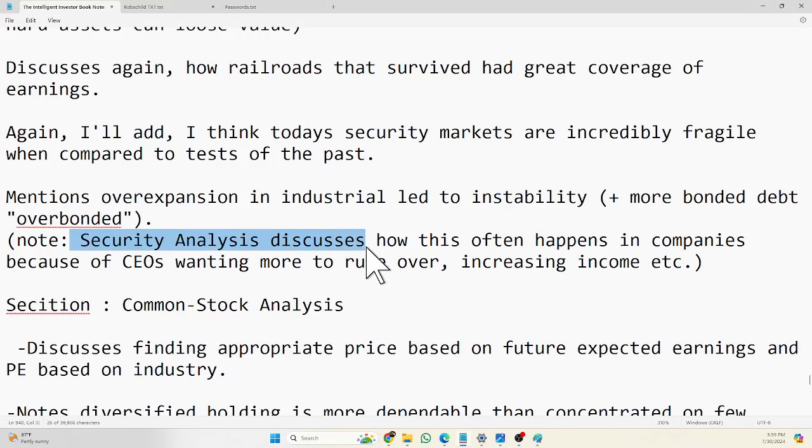I will note here too that he discusses this at length in Security Analysis, how this often happens in companies because a lot of it has to do with CEOs wanting a bigger company to rule over, which increases his personal income and power and marketability on his own two feet. He can be the CEO of a new company someday. If that's what the CEOs want, the biggest company, it's natural to want that.